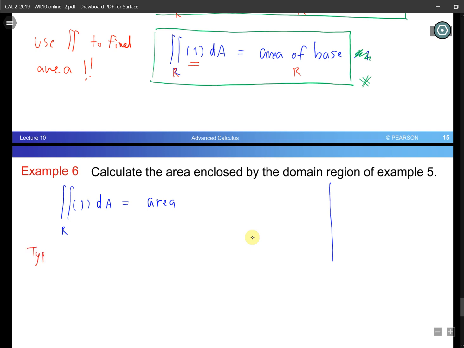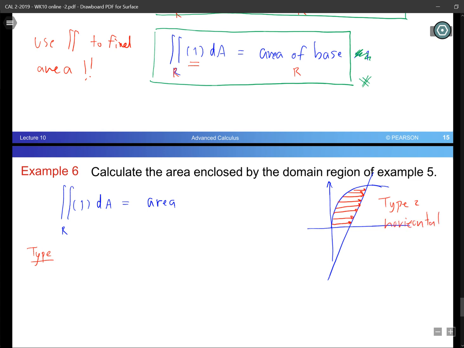What is the type of this? Actually, we already did that in example 5, but let me repeat it here. We have this shape, and we have this line, something like that. And in example 5, we showed that it's supposed to be sweeping along the x-axis first, sweeping horizontally. It's easier to work with. So in this case, this is type 2, sweeping horizontally.